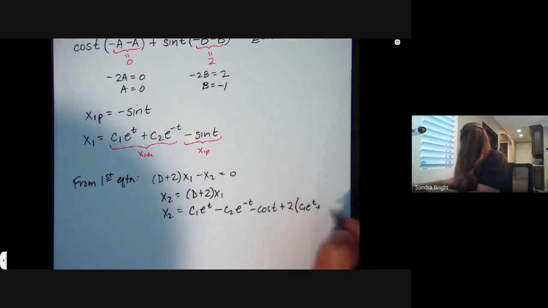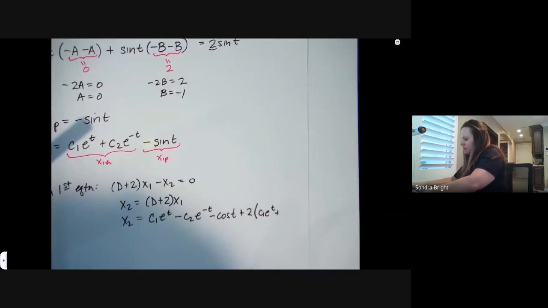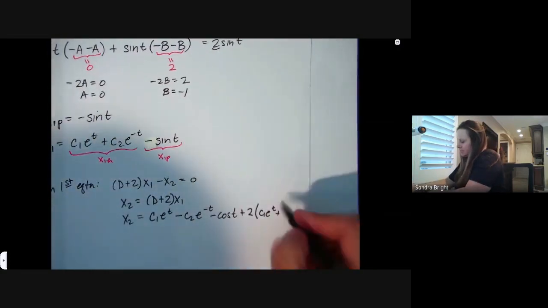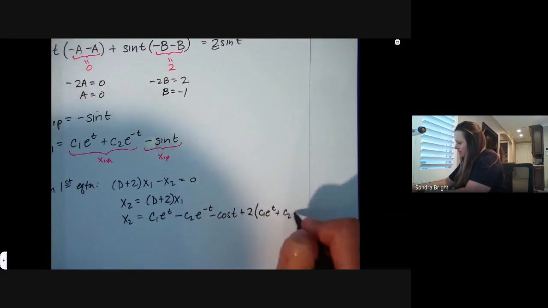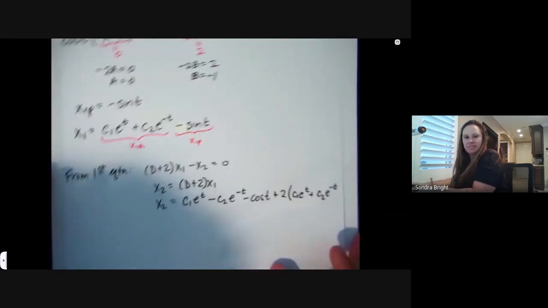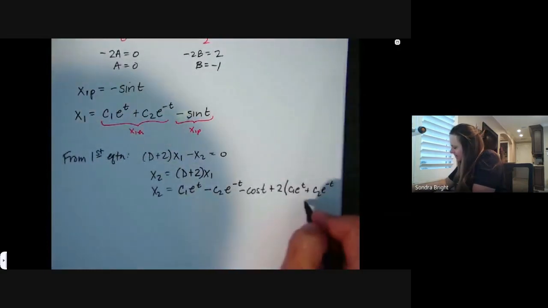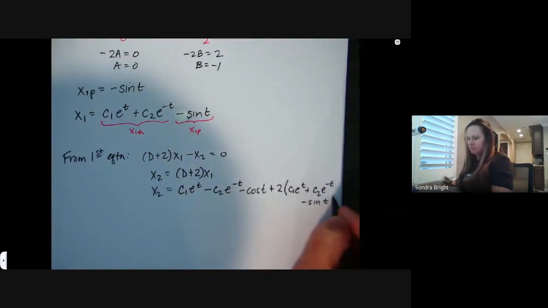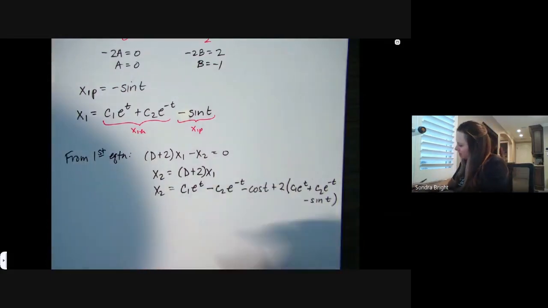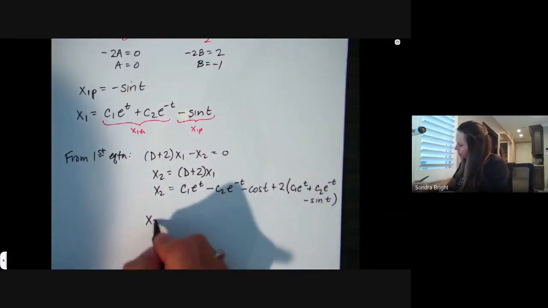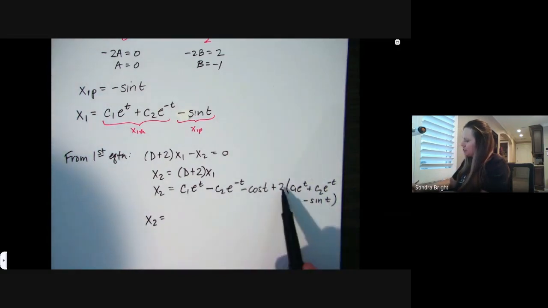So plus 2 times, and x1 was c1 e to the t plus c2 e to the negative t. I ran out of room, sorry. And then a minus sine of t. We can combine like terms so that x2 would be c1 e to the t plus 2 c1 e to the t.